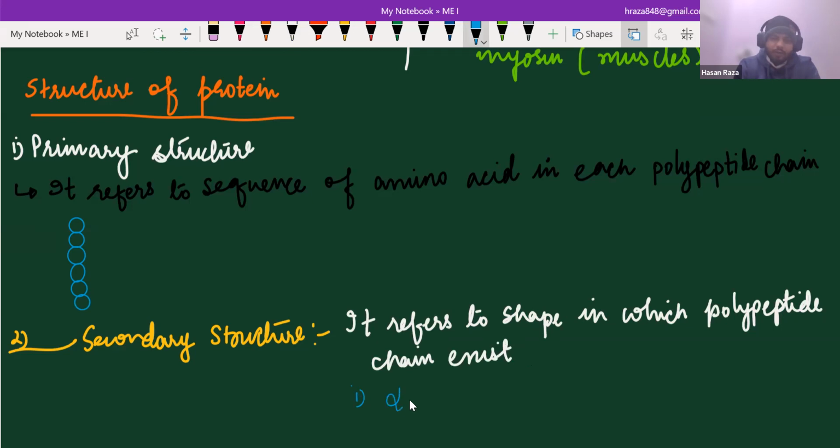The first one is alpha helix, and the second one is beta pleated, that we discussed there. I'm going to write the structure here. So please do write up to this.